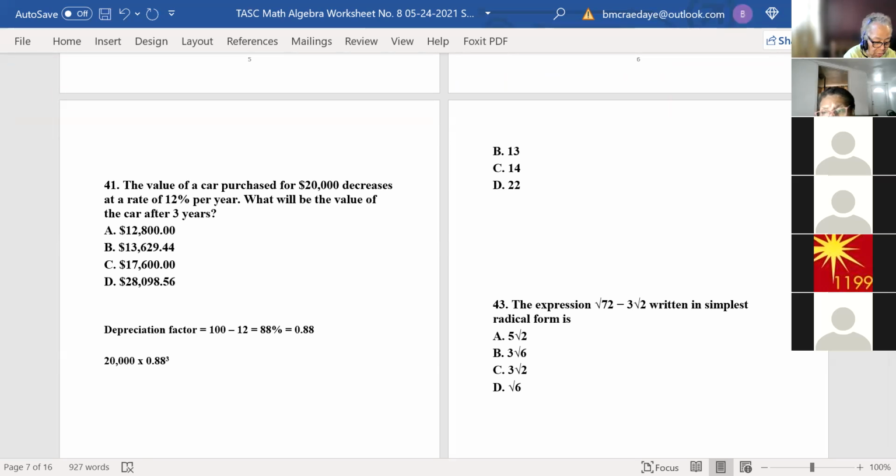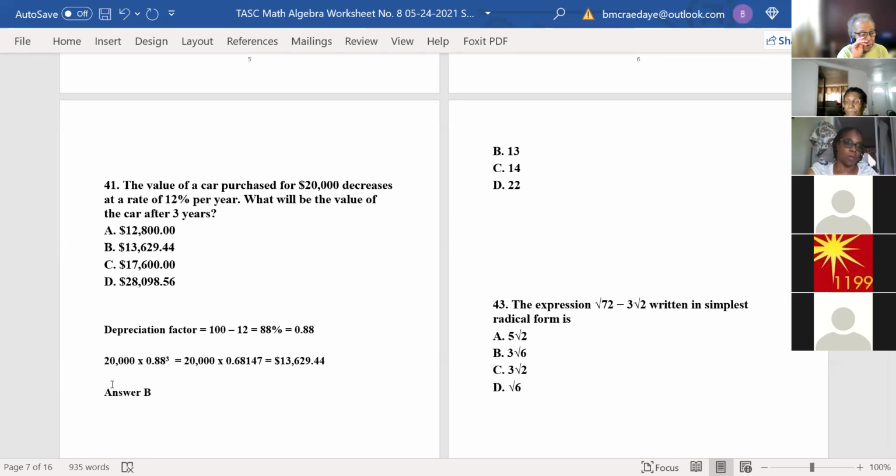So that would be equal to 20,000 times, when I did that on the calculator, 0.68147, and that would give you the answer $13,629.44, which is answer B. Okay. Yeah. That one is a little critical for me.